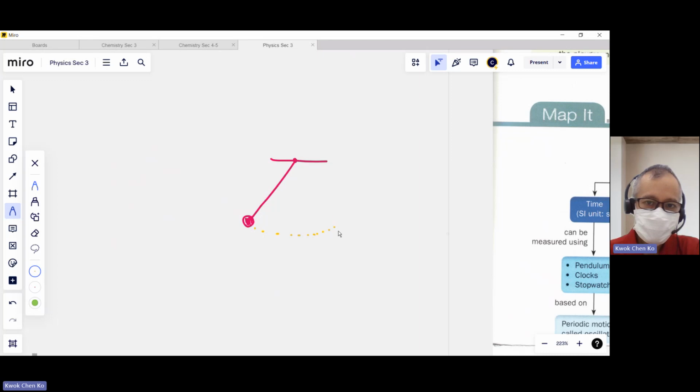It will reach the highest point here, and it goes back again to its starting position. Now, this is counted as to and fro is one oscillation.